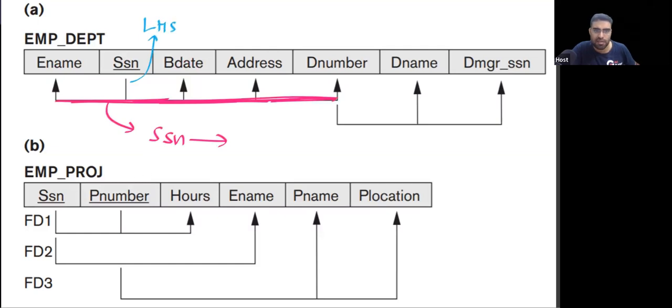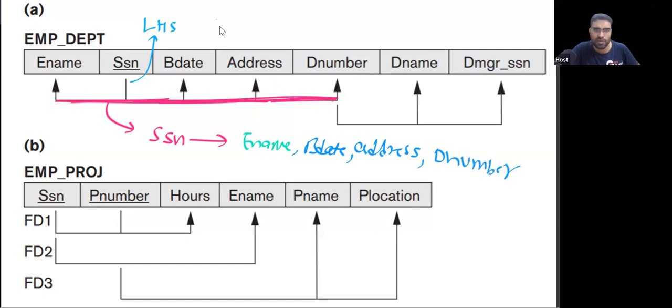This means LHS, and these arrows are RHS. So I can say SSN implies ename, comma, B date, birthday date, comma, address, and comma, D number.